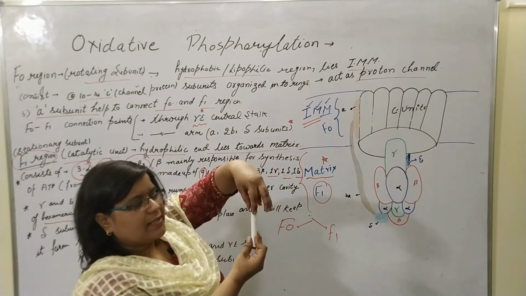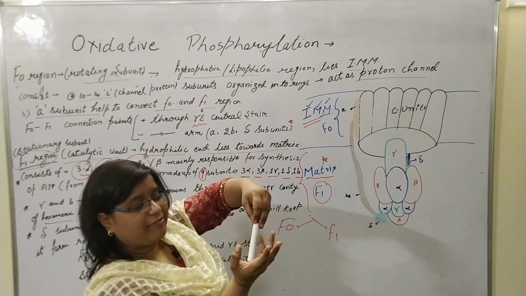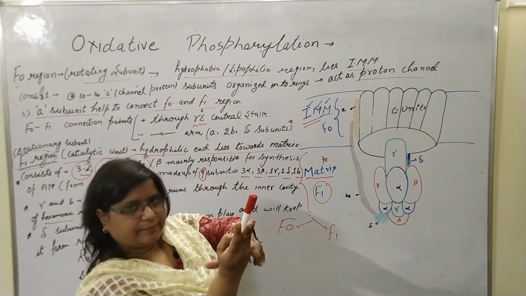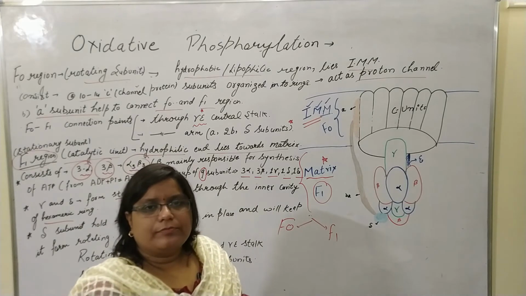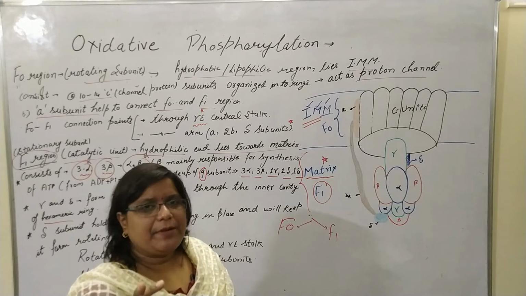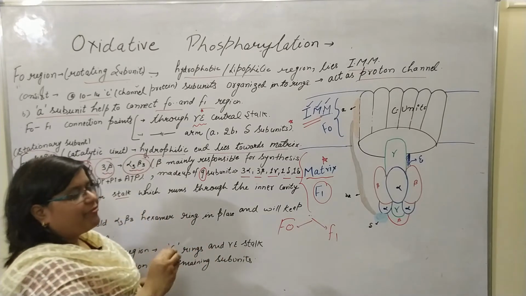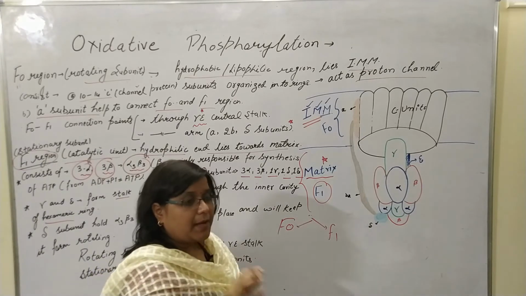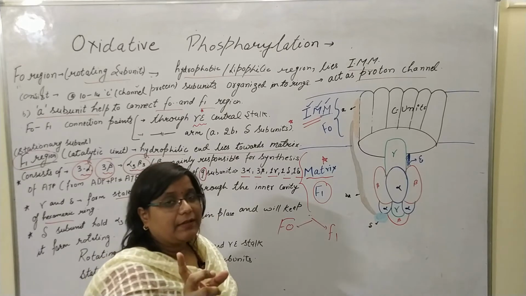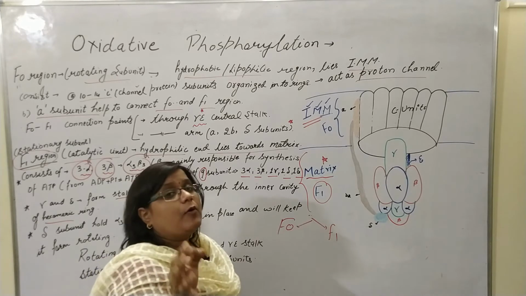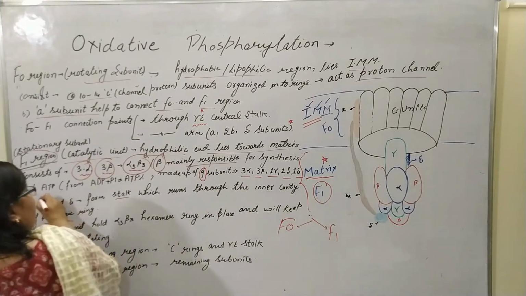Here this is the stalk, this is the C unit, this is the A subunit, and here the alpha and beta are present in alternating form. Alpha is not responsible, but only beta is mainly responsible for the synthesis of ATP.